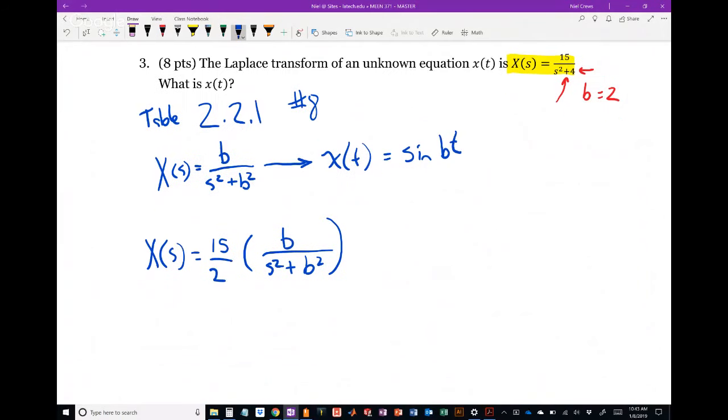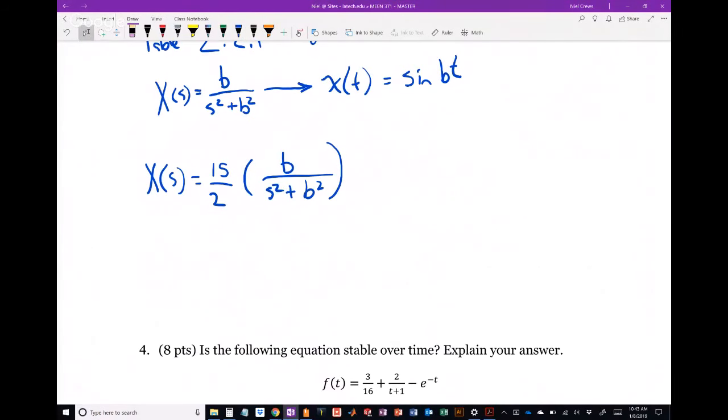Okay. Which tells us that our x of t, then, is 15 over 2 sine of bt. We can plug back in for our b.